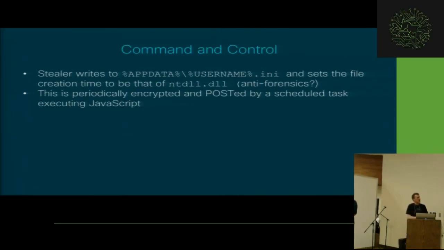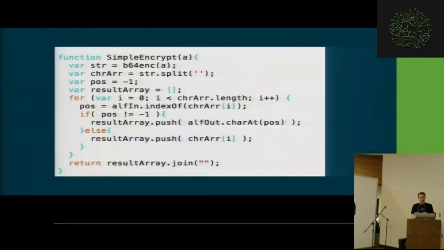And then this is encrypted, and periodically, using a scheduled task from that extracted JavaScript, it is posted to a remote command and control server. This is what that encryption algorithm looks like, and it's a basic substitution cipher.